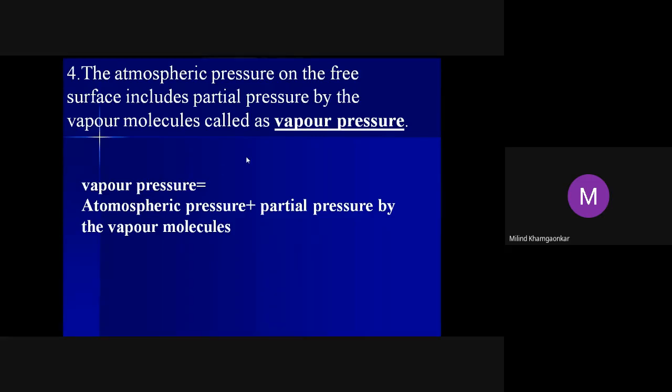There also the water vapor pressure will be there, and it includes the permanent atmospheric pressure plus, in addition, the partial pressure by the vapor molecules. The total of this is called the vapor pressure.